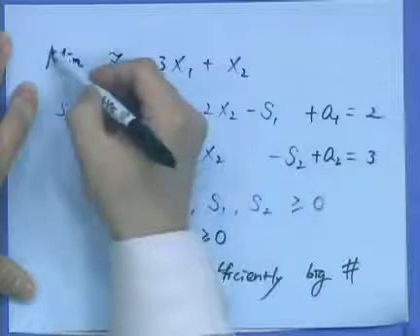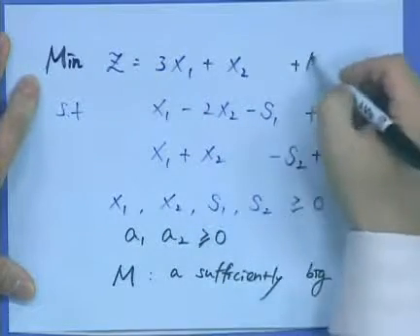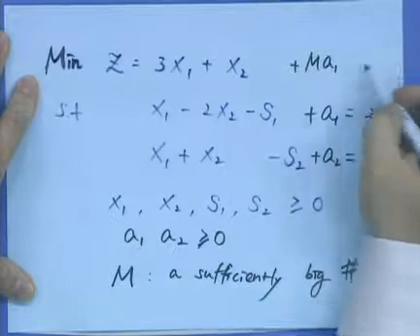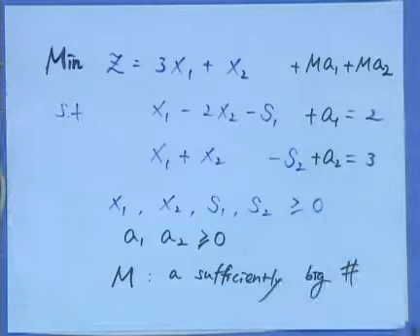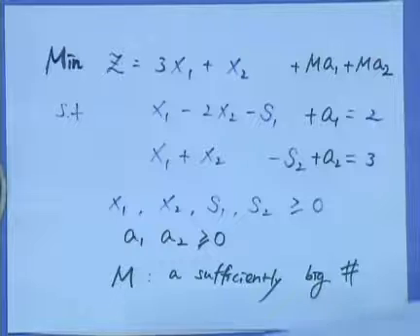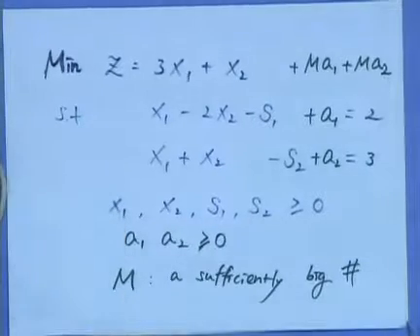So because we are dealing with a minimization problem, you need to add M times A1 and M times A2. Is that right? And based on this, we could construct an LP tableau.